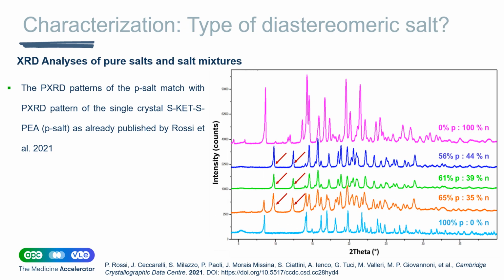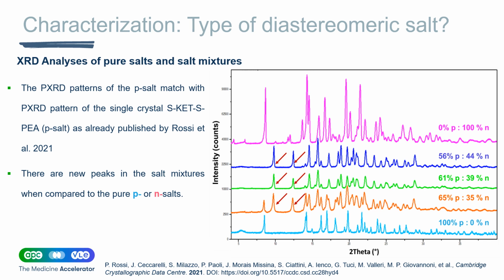XRPD analysis was performed to examine the solid-state structure of the P-salt, N-salt, and their mixtures. The XRPD pattern of the pure P-salt closely matches the simulated XRPD pattern of the single crystal P-salt, as previously reported by Rossi et al. When analyzing the salt mixtures, new diffraction peaks appear that are not present in the individual P-salt or N-salt patterns.